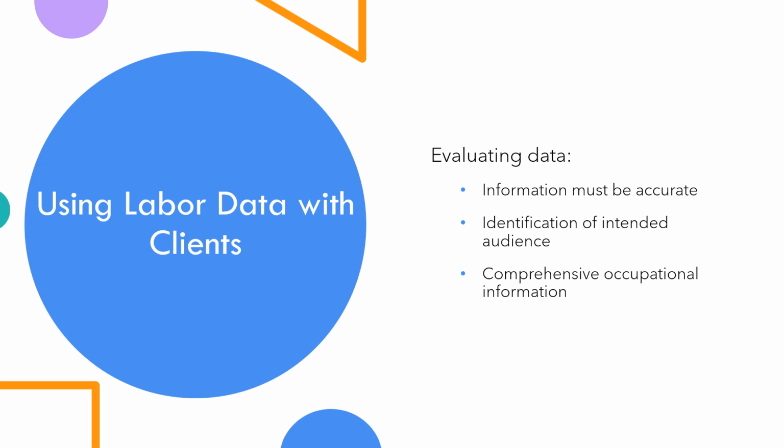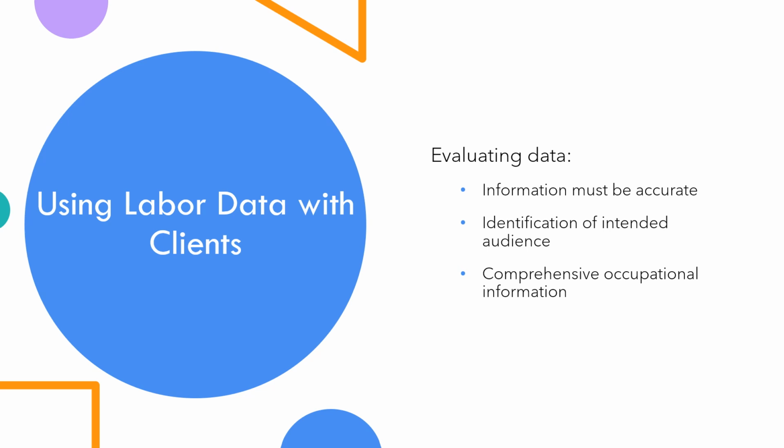So on one count, we want to make sure that we understand the intended audience that the research or the labor data or statistics were created for in the first place. That's again why those federal databases are nice, because then you also want to understand who's supposed to consume this information. And if you're working from federal sites like the Occupational Outlook Handbook or O*NET Online, then you know that it was intended for public consumption.